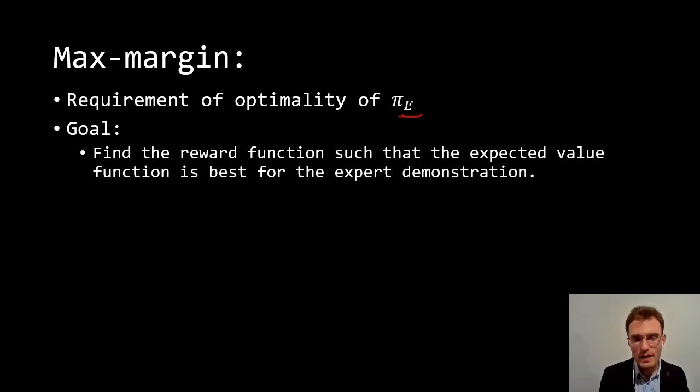That means whatever agent you propose, I want the reward function to be such that the expert was the best one. You can't find any candidate which was better than it. If you follow this objective, then you end up designing the correct W, the correct reward function.